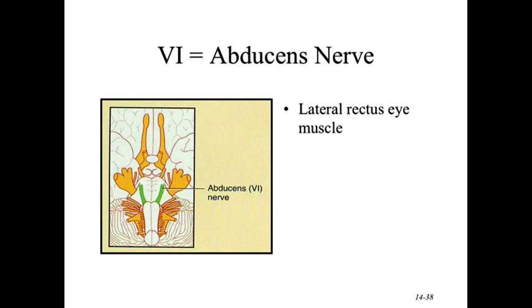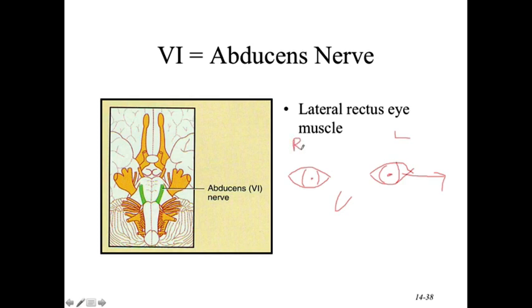Abducens. All right, let me draw this out. This is kind of important too. So let's say here's an eye, here's the nose, and let's do the other eye. Okay, now we can test the eyes in different directions. If I ask the patient to follow my finger and to look this way with this eye, let's say this is their left eye and this is their right eye, right?